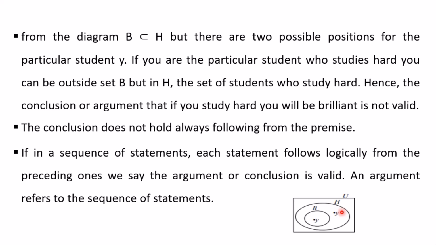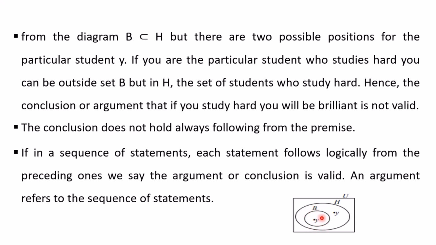So H is the set of students who study hard. A particular student Y can be in the set of students who study hard, and can also be in the brilliant set. For all brilliant students, they study hard.